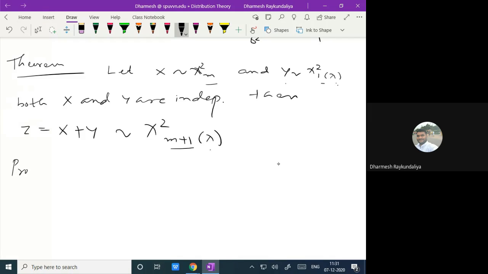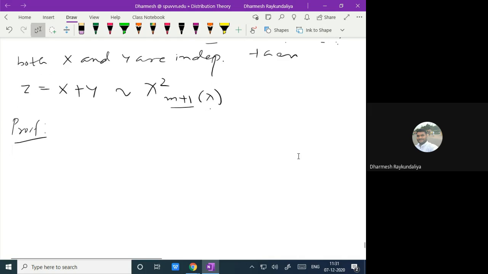So, proof. You can give the proof using two methods. One is based on the transformation of variables technique, and another is based on polar transformation. The transformation of variables technique is in the homework.